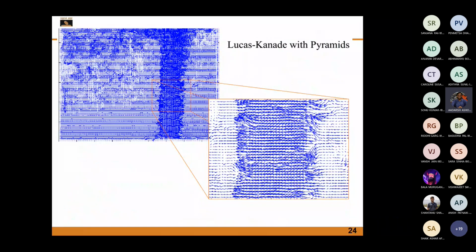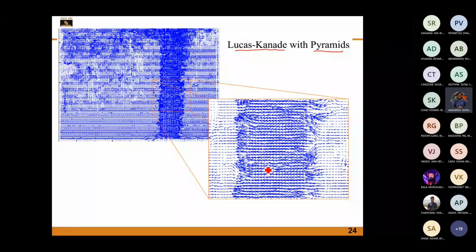So here is an example of the Lucas Kanade optical flow tracker, which has been implemented using the Gaussian pyramids. Since you have considered different subsampled images, you're able to capture the displacement properly. If you zoom into the exact region, you'll get it in this form.